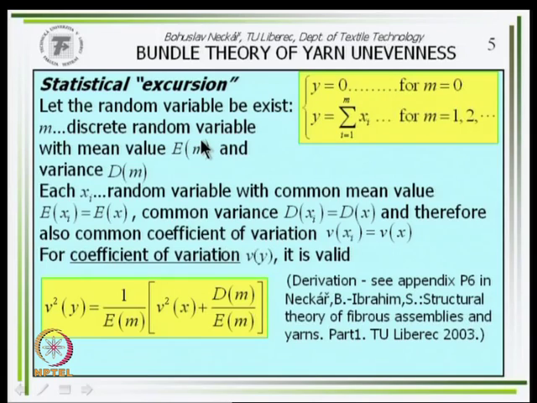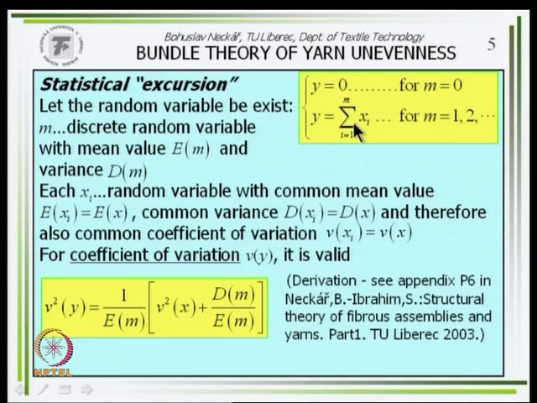You know that for the mean we usually use the operator E. So EM is the mean value of the random quantity M, and the variance of M is DM, the dispersion.